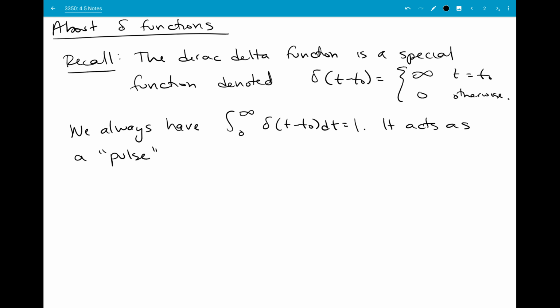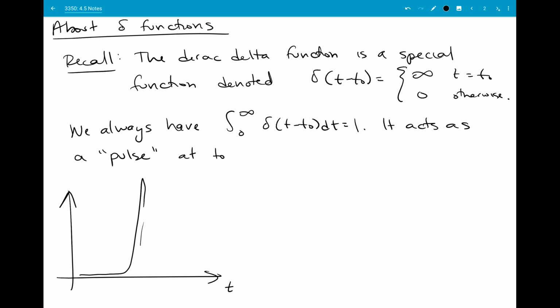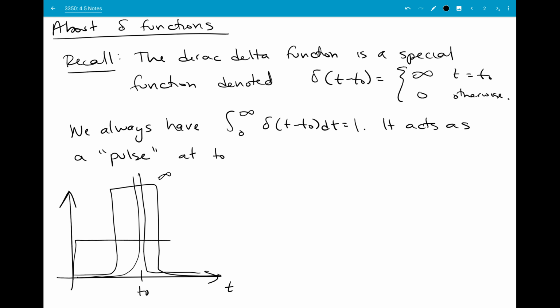So it acts like a pulse at t0. We drew some pictures last class where it looks like this, going off the page, up to infinity, and then coming back down, with that jump happening only at t0. And we talked about how you could think about it as the approximation of increasingly thin rectangles that approach a rectangle that's infinitely thin and infinitely tall.